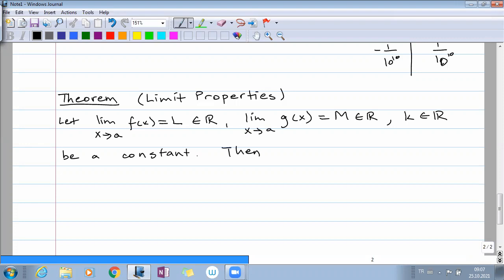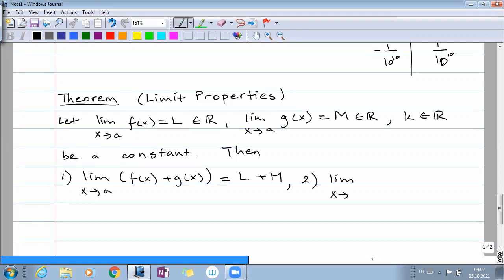Then, if you look at the limit of the sum of the two functions, f plus g, this is the sum of the limits, L plus m. And if you look at the limit of the difference, f of x minus g of x, it is L minus m.